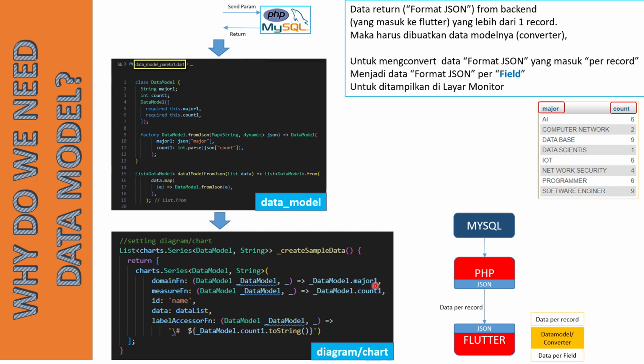We use field by field, not record. We want to take a field, AI, for this measure. For this measure, we have AI, computer network, database, data science, IoT, network security, programmer, software engineer. And on the right side, this is a count.